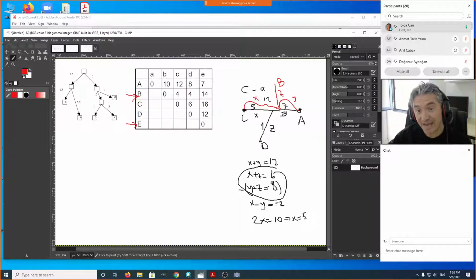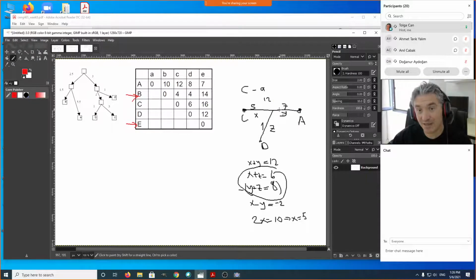If this x turns out to be 5, this b is going to be branching from the same node. This is a problem for us because it's going to mess up the triangular inequality. We don't want to branch off from an existing branch. If that happens, instead of inserting b between c and a, we try again with a different pair, maybe between c and d the next time.